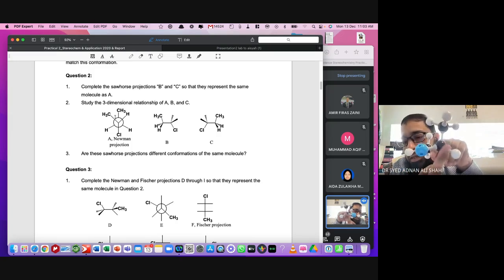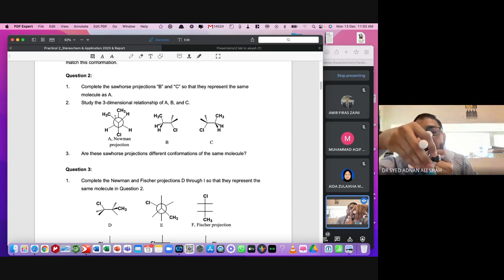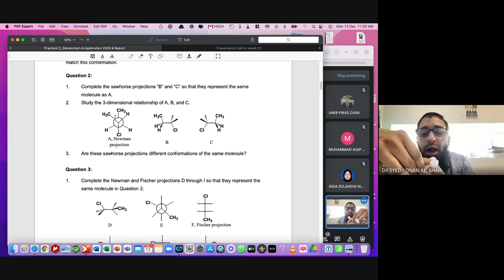This one is the carbon, this one is the chloride, this is the hydrogen, and this is the methyl group. At the back is CH2 and CH3, right? So you have the Newman projection of this compound.